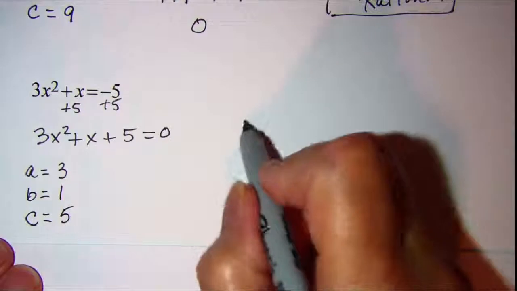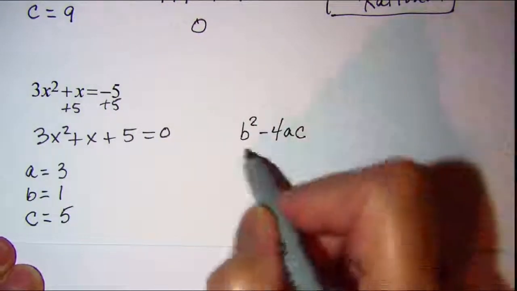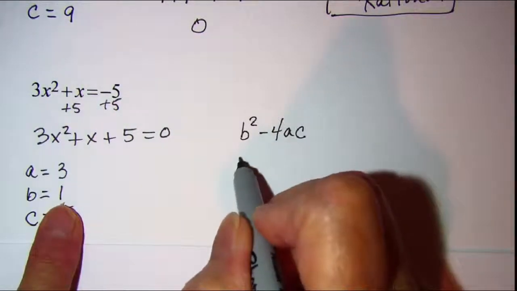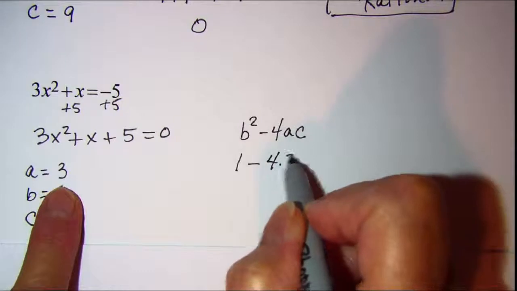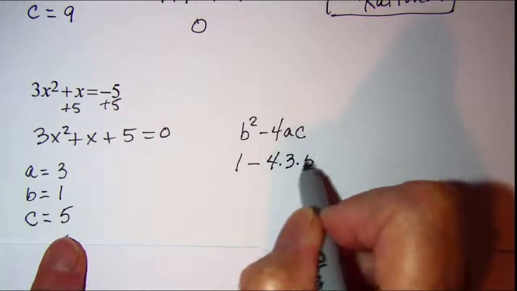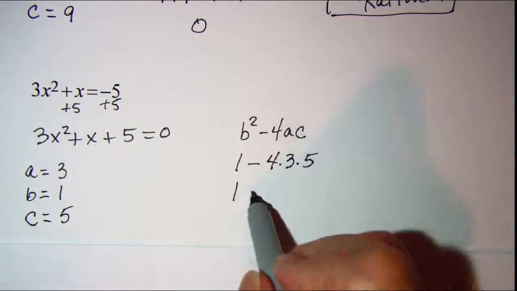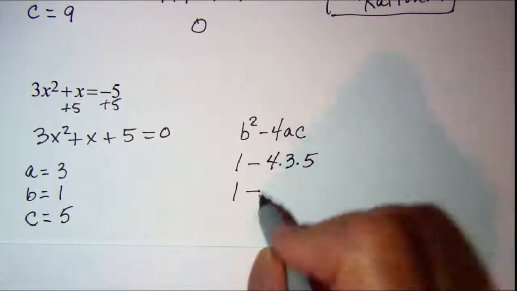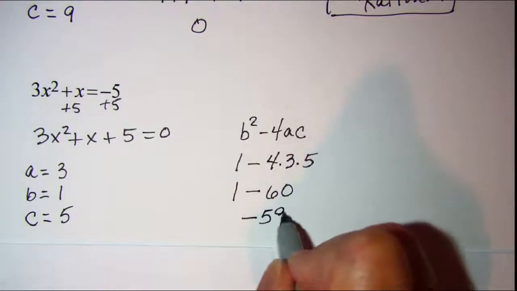And my discriminant then, b squared minus 4ac, will be 1 squared, which is 1, minus 4 times 3 times 5. So we have 1 minus 60, which is negative 59.